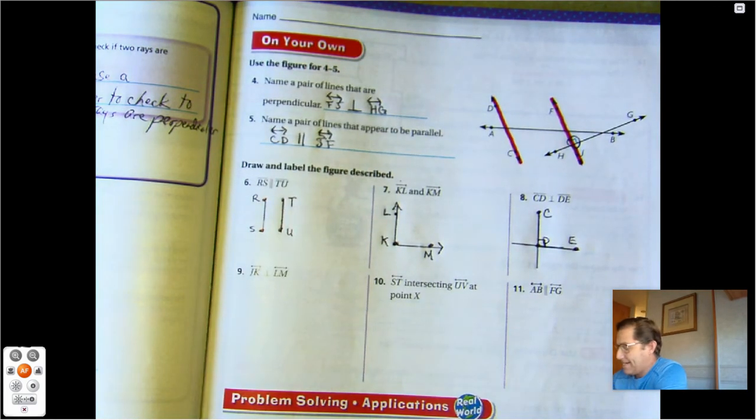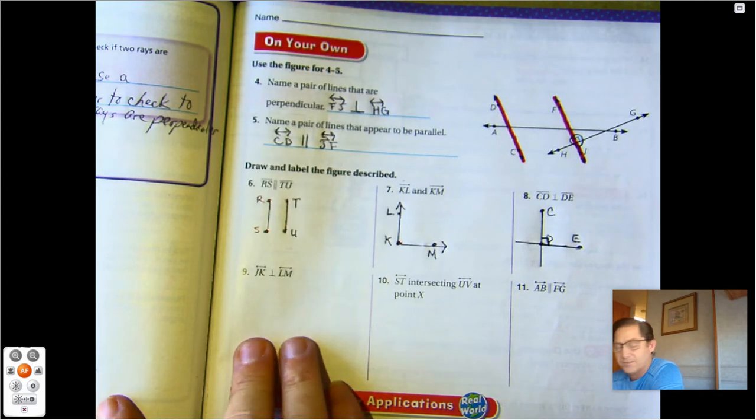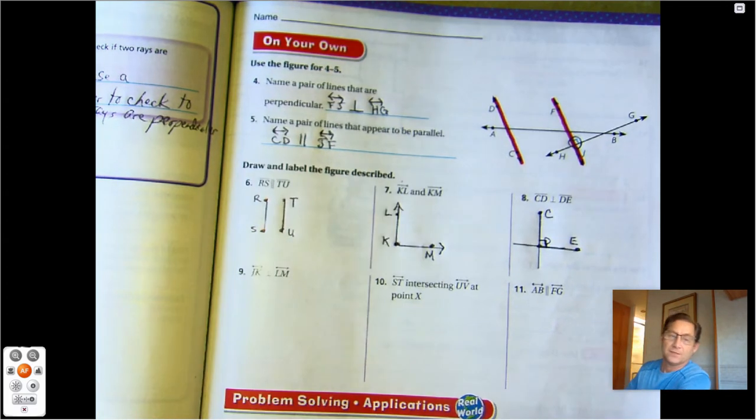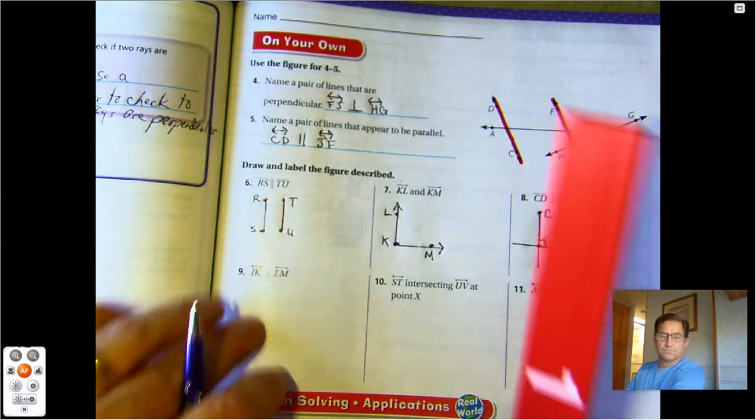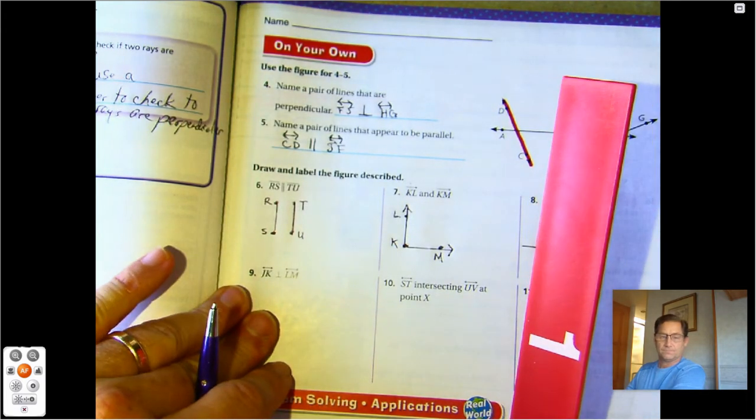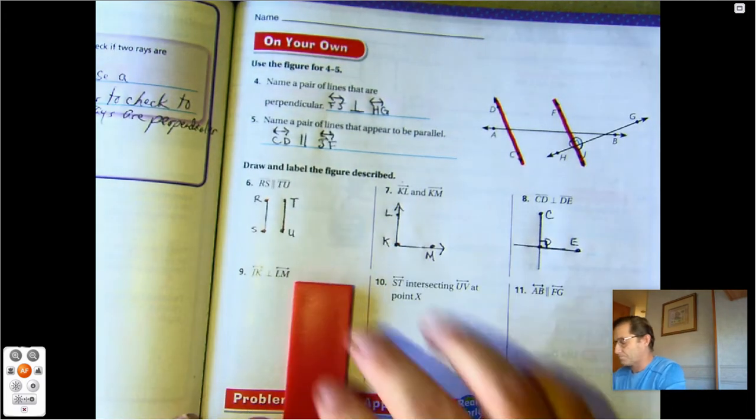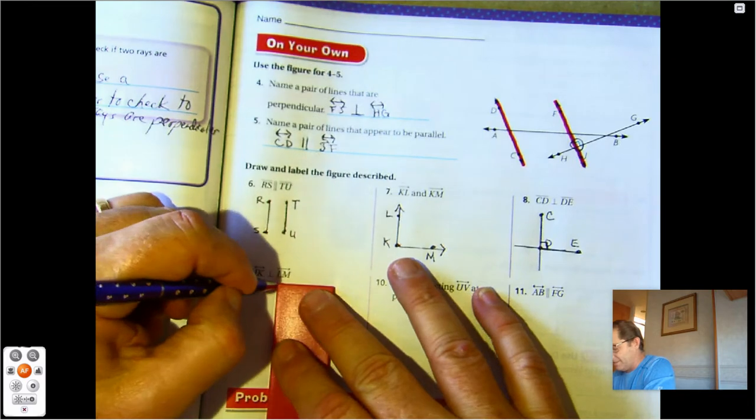All right, JK, line JK is perpendicular to line LM. Well, it doesn't tell me where they intersect.